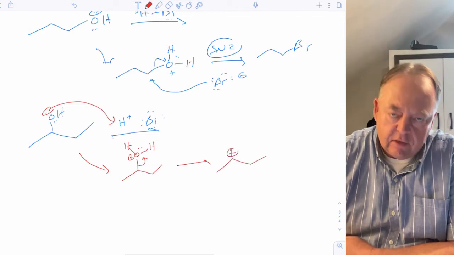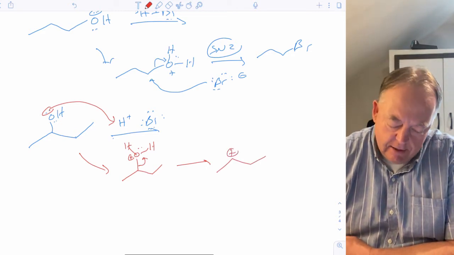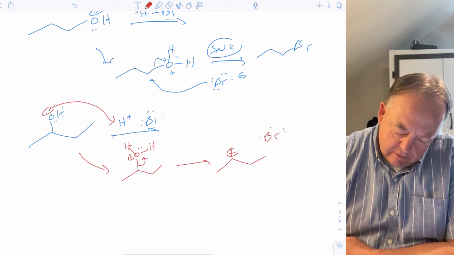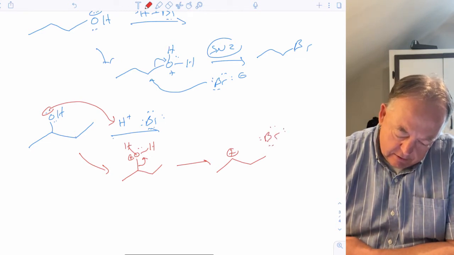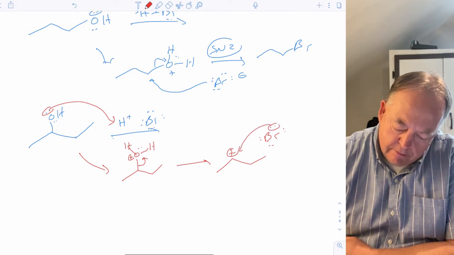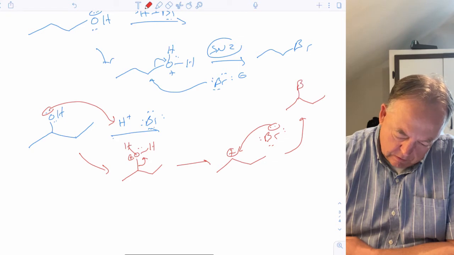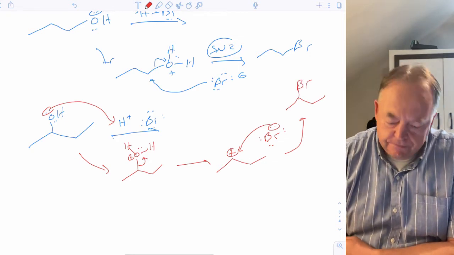And if you remember SN1 mechanism, you make a carbocation, and then the Br minus can add. So take a lone pair on bromine, make a bond to that carbon, and that would be your product.